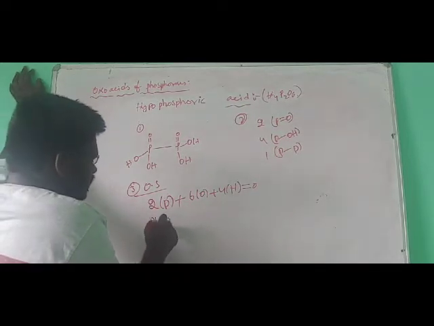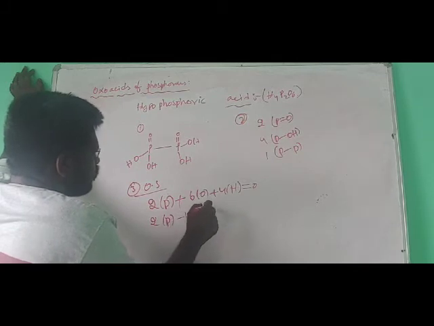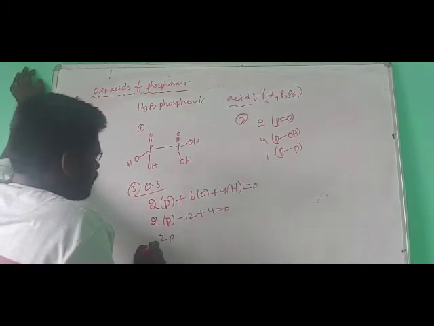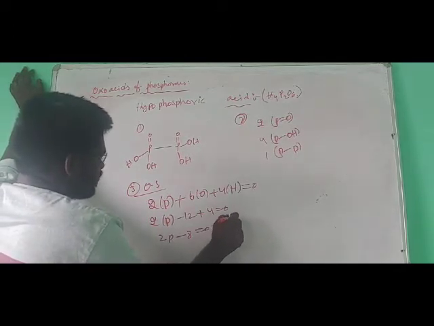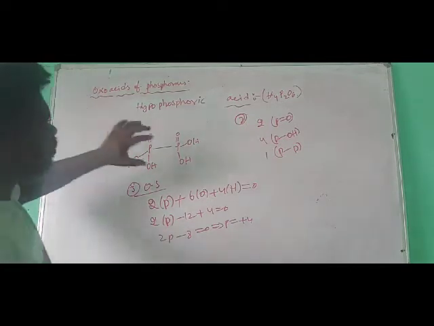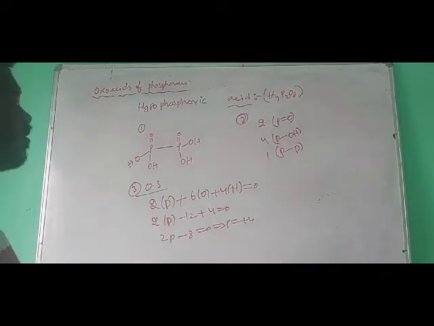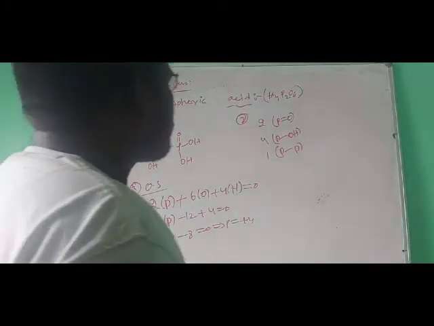So 2 phosphorus atoms, 6 into minus 2 is minus 12, 4 into plus 1 is plus 4, equal to 0. So 2P minus 8 equal to 0. That implies P equal to plus 4. So in this molecule, each phosphorus has plus 4 oxidation state.